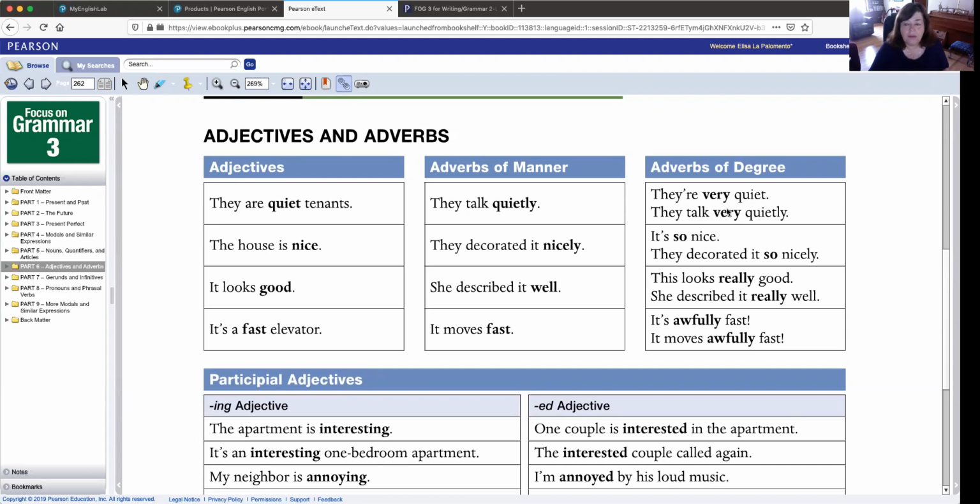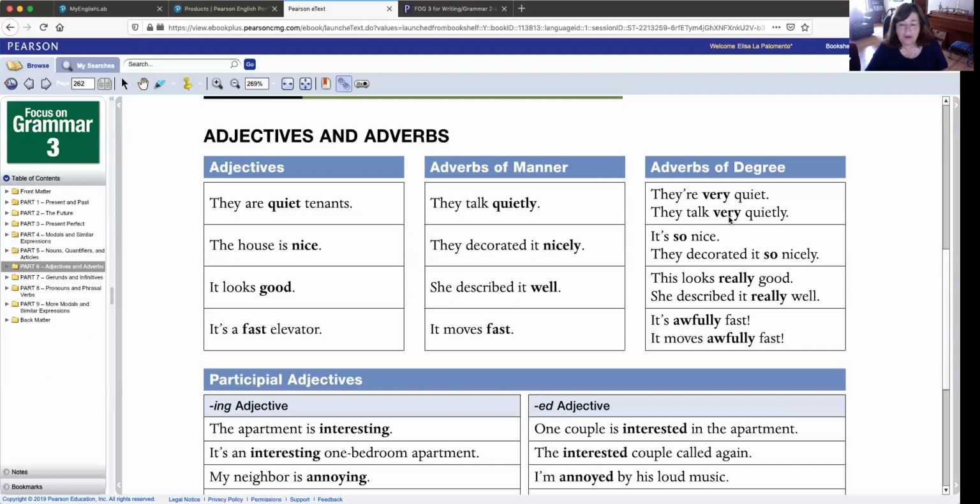They talk very quietly. And you'll notice that in the first one, they're very quiet. The word very is telling how quiet they are, but this is with the word they, so adjective, right? Noun. But here we're talking about the way they talk.